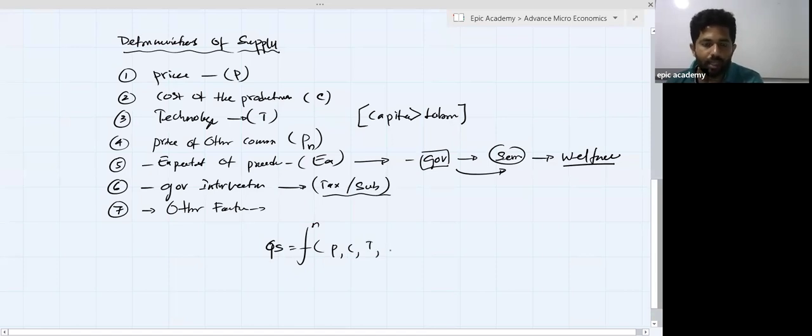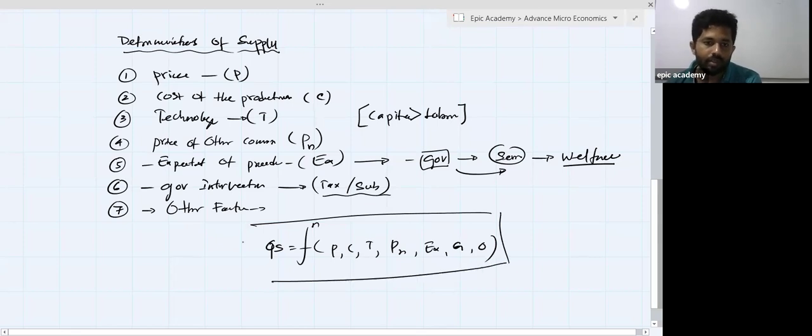T represents the technology used to produce goods and services. PN is used to represent the price of other commodities. Expectations, and the government intervention we call G, and other factors. So this is what we call the supply function.